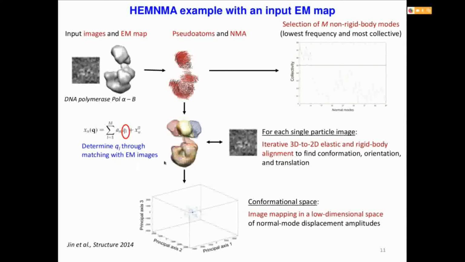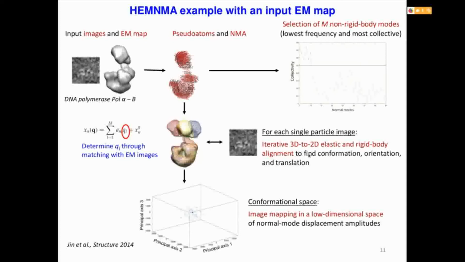Once you selected the modes, you then use them to deform elastically the reference and then compare with your images. So for each single particle image, we perform iterative 3D to 2D elastic and rigid body alignment, which means this deformable model is projected and projections are compared with the image.